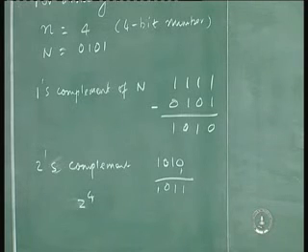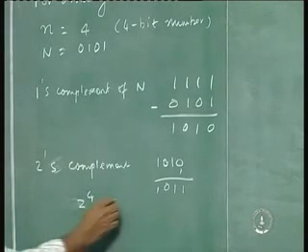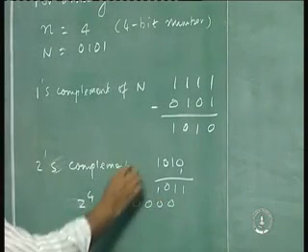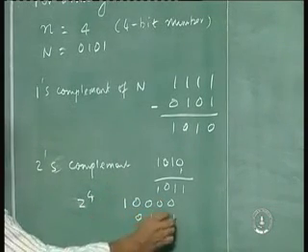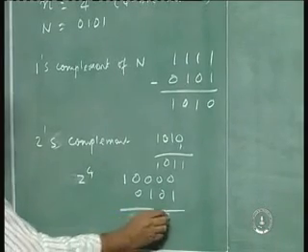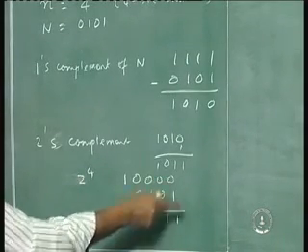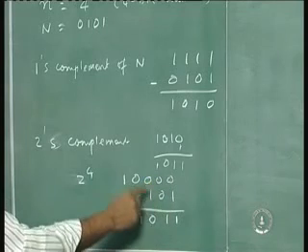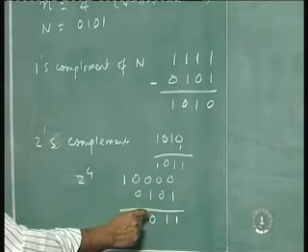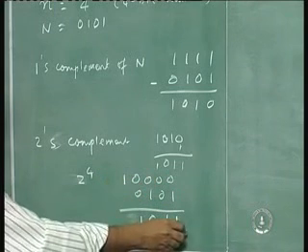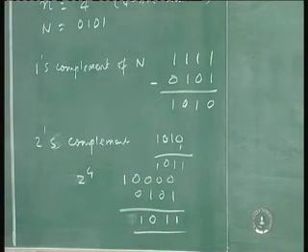So I need 5 bits, which is 10000, subtract 0101. Now you have to use the borrow arithmetic, and this is 1011. 16 minus 5 is 11.